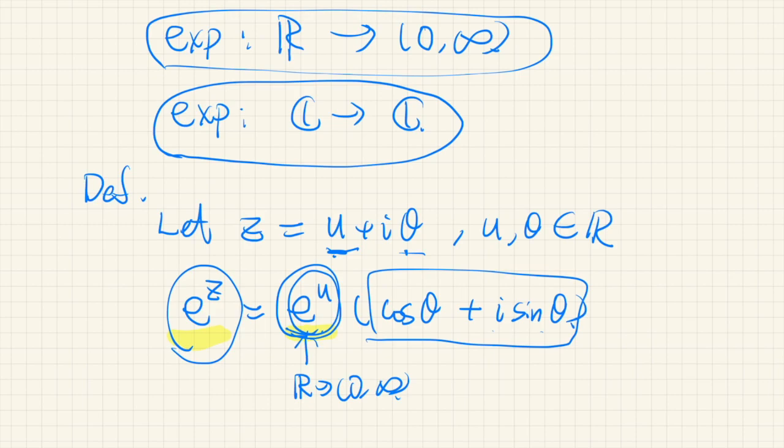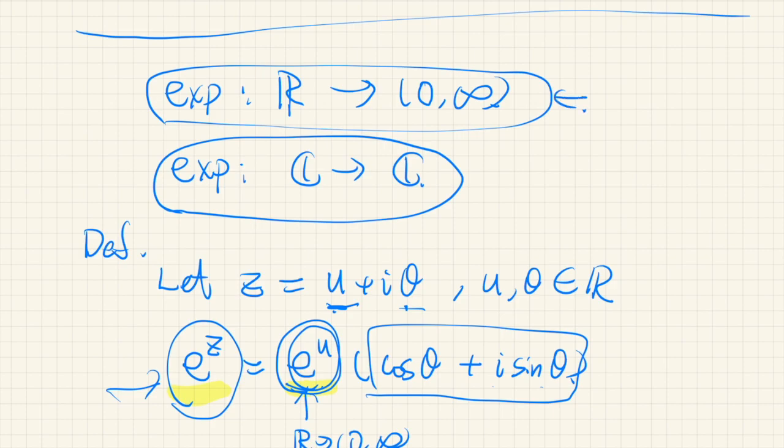Well, in mathematics in general, it's one thing to define anything in any way you want. But it's a totally different thing that the definition works consistently or in a sensible manner. So let's see that this definition is okay, that it can get along with the previous definition of the exponential function on the real domain.